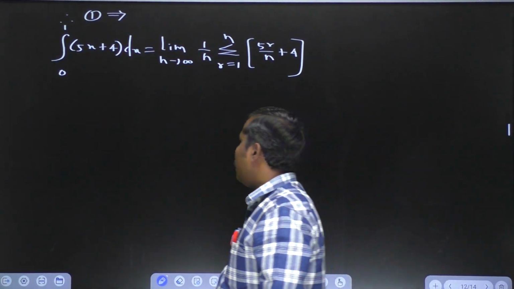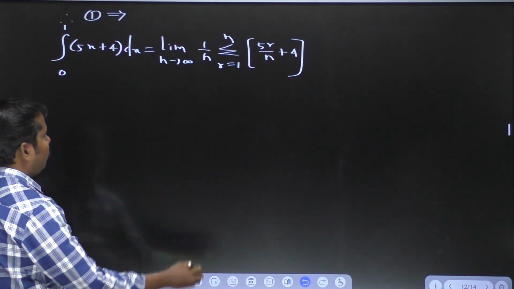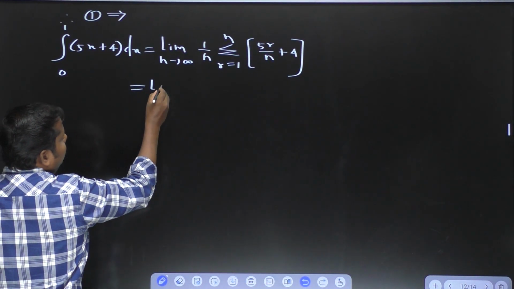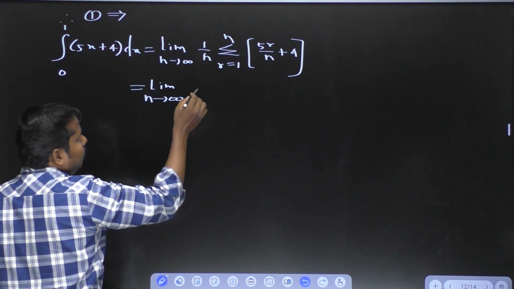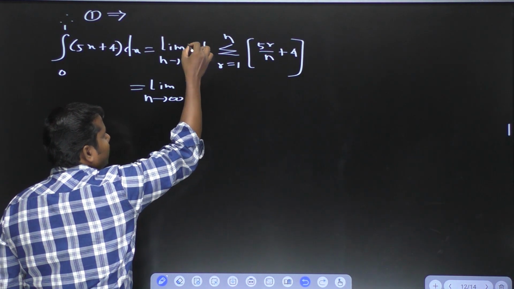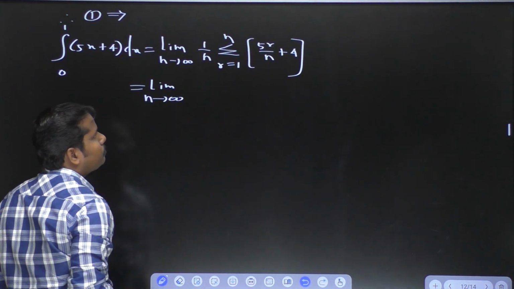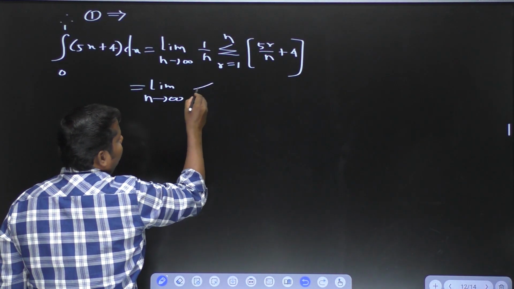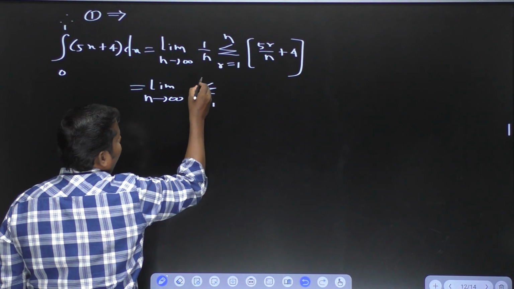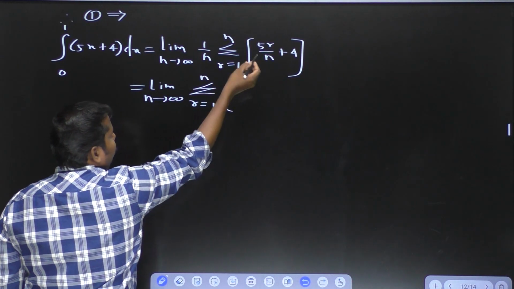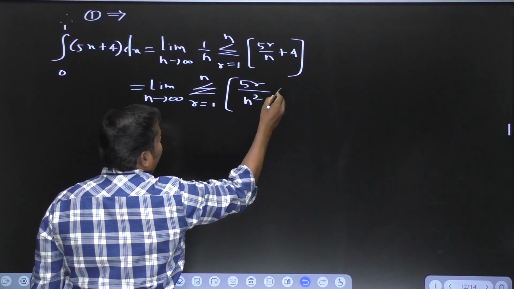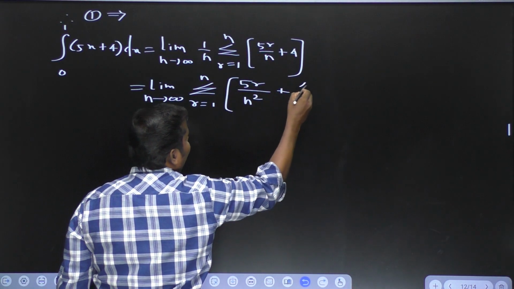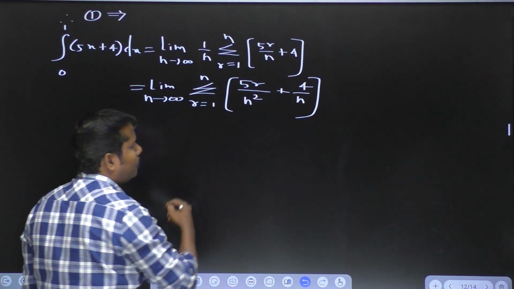Pure substitution. And let us simplify this carefully. Limit n tending to infinity. As I told you already, you can apply this 1 by n inside. Summation r equal to 1 to n. If you apply 1 into 5r by n, that is 5r by n squared, plus 1 into 4, 4 by n coming up.